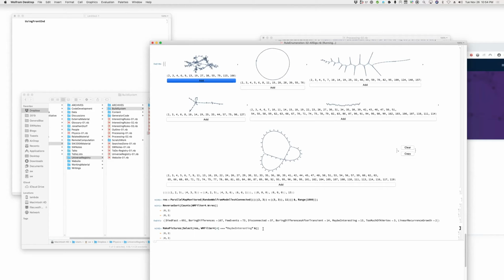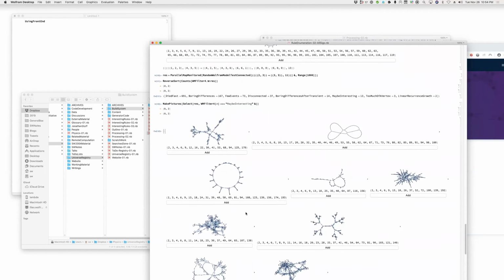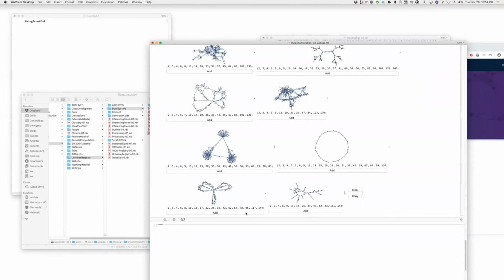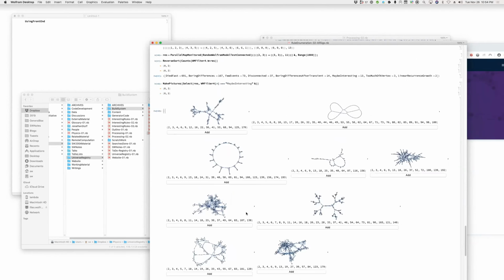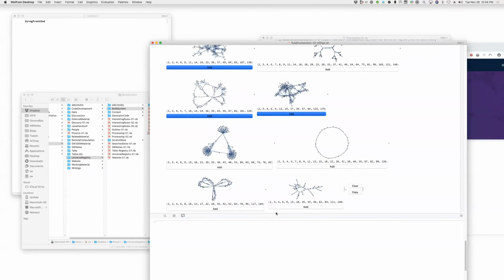There's several interesting ones here. See, it's very hard to tell what these guys are going to do.